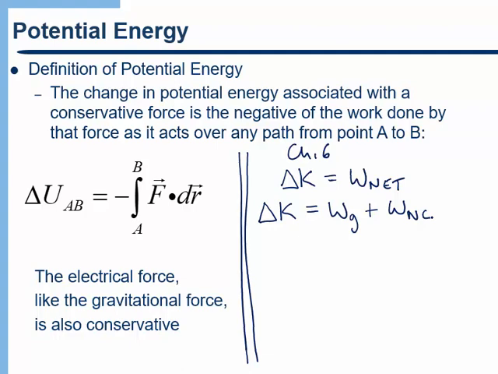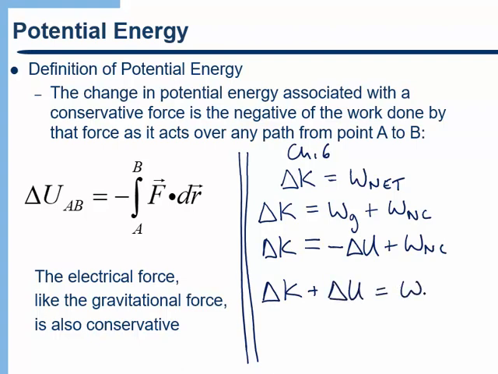Then we said, we can define the change in potential energy as minus the work done by a conservative force. So instead of the work done by gravity, we had minus the change in potential energy for gravity. And that's what ultimately led us to delta K plus delta U equals W_NC.